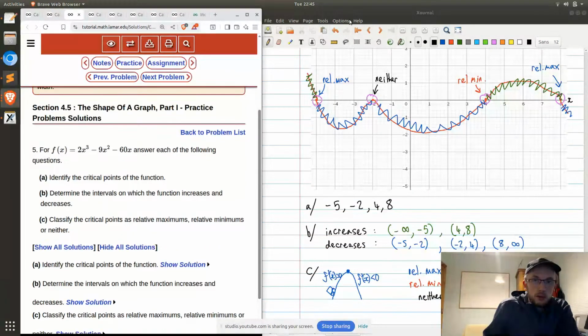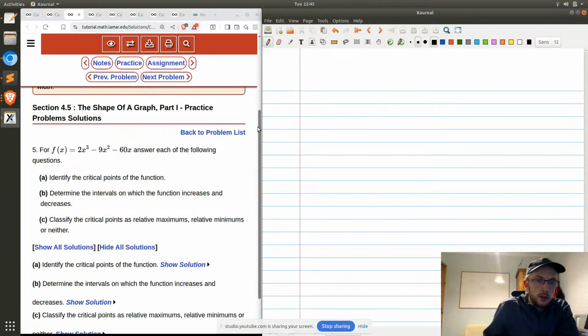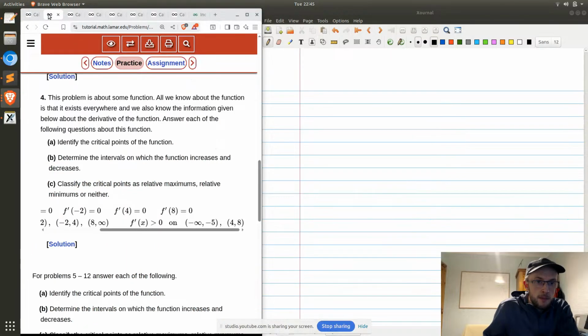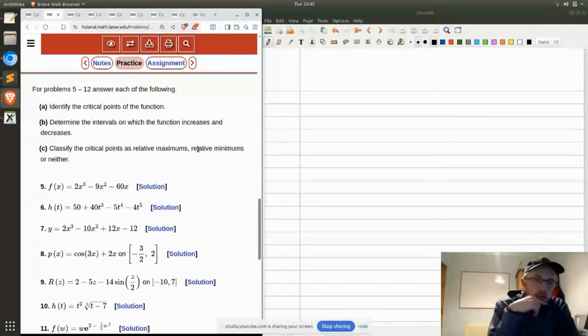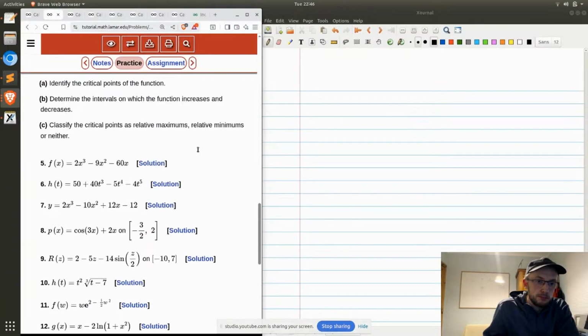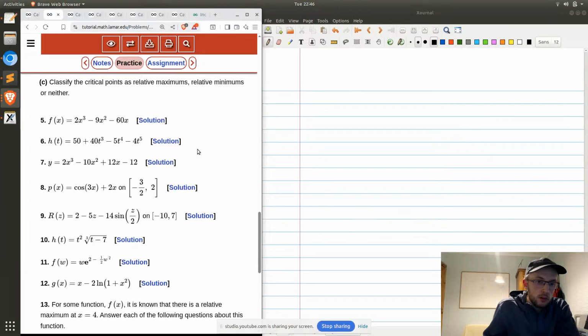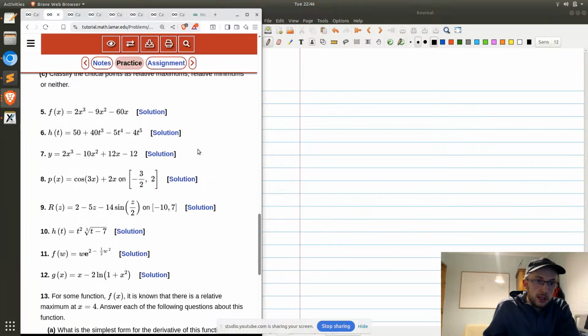Now comes another polynomial. Increases and decreases. And then classify the critical points as relative maximums, relative minimums, or neither. So get to work.